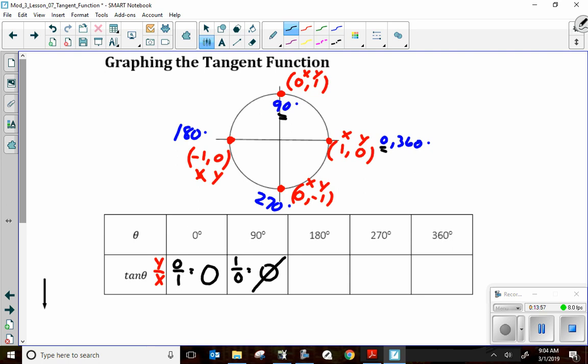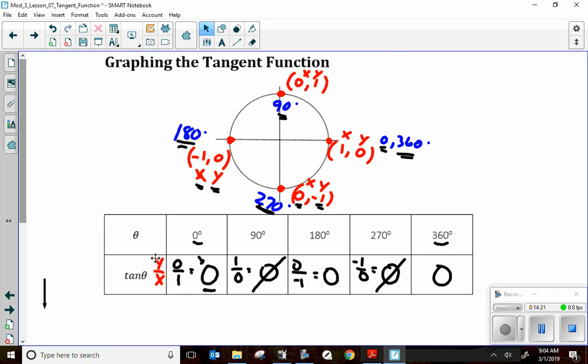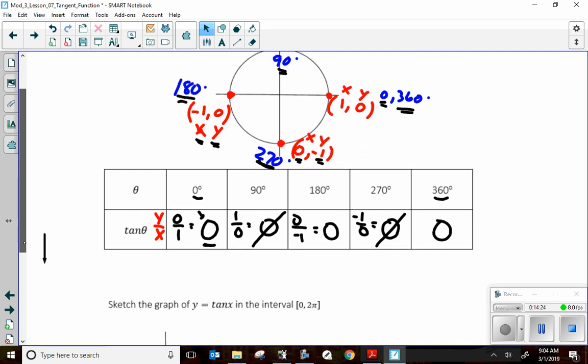At 180 degrees, it's y over x, so it's 0 over -1, which is 0. At 270 degrees, we go y over x, -1 over 0, which is undefined. And of course, 360 is the same thing as 0 was. 360 and 0 are the same, so that is 0. All right? Weird. We have zeros or undefined. So let's go ahead and graph.